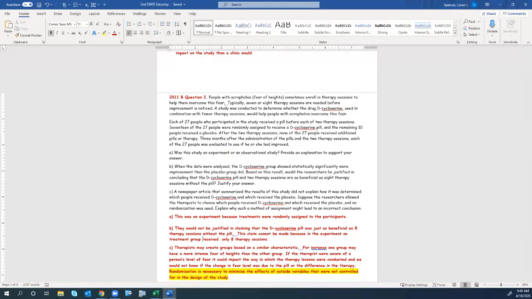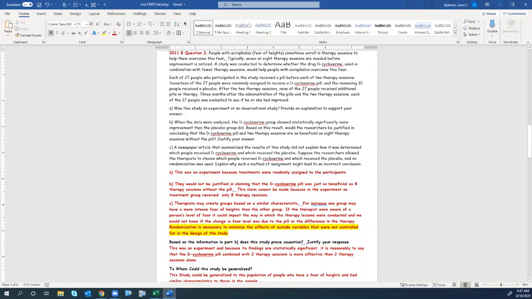Yes, we can make that claim because it was statistically significant. But we cannot say that medication is better than the 8 therapy sessions, because 8 therapy sessions was not ever tested. All right, since it wasn't tested, we can't make the claim.